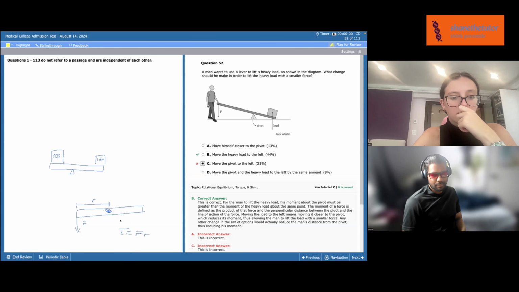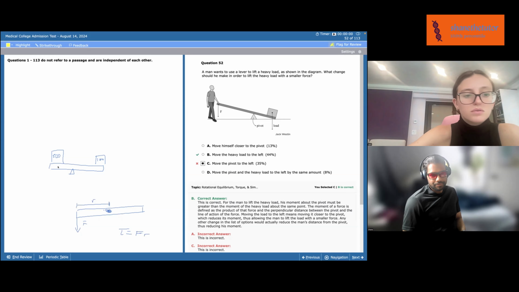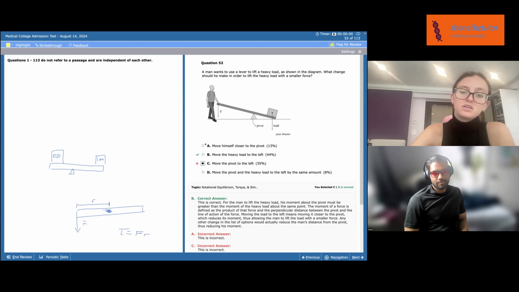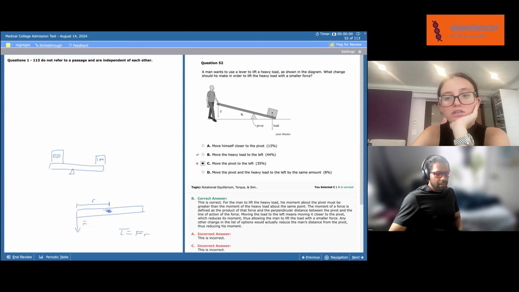Distance from the larger object. Like that's what you're thinking of, because I was thinking that the force, so you would move it more towards the 500? Yep. Okay. Yep. Because the torque between this and the fulcrum, or the distance there, right?